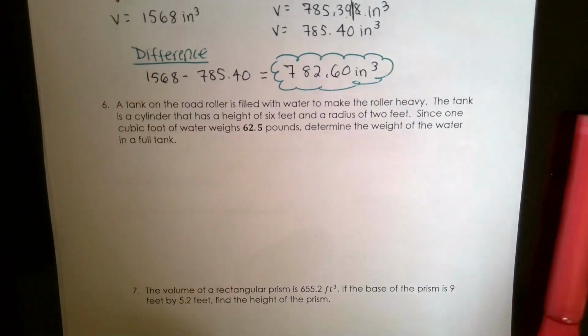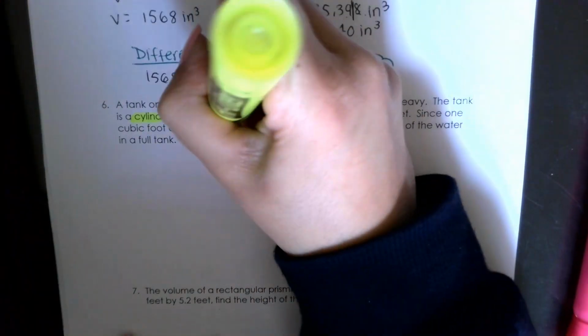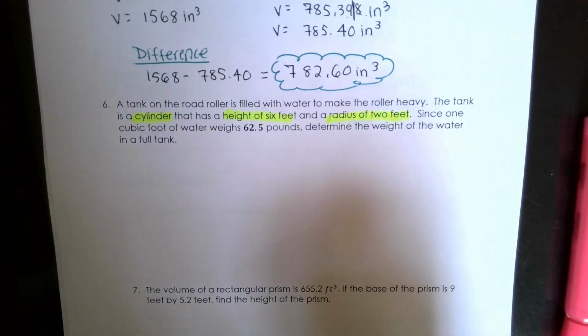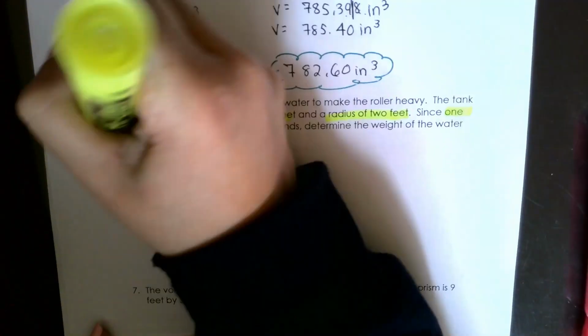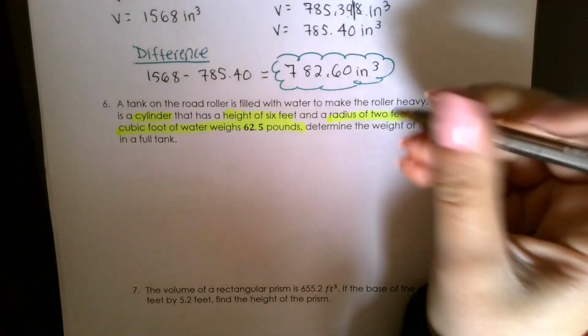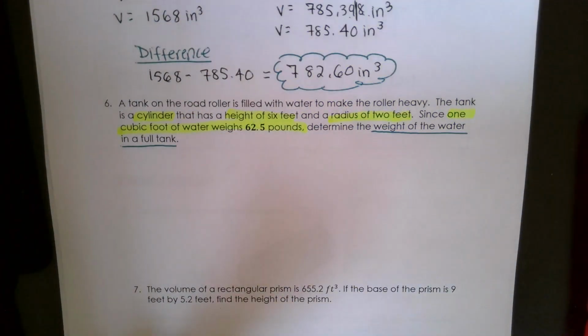So we know the shape is a cylinder. Height is 6 feet, radius 2 feet. 1 cubic foot of water weighs 62.5 pounds. We're looking for the weight of the water in a full tank. That's what we're looking for.